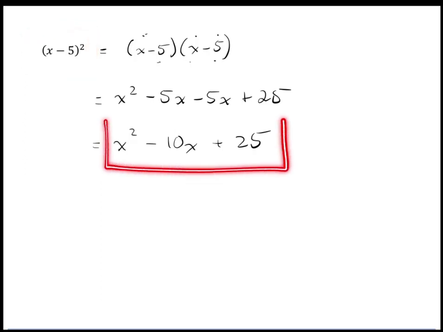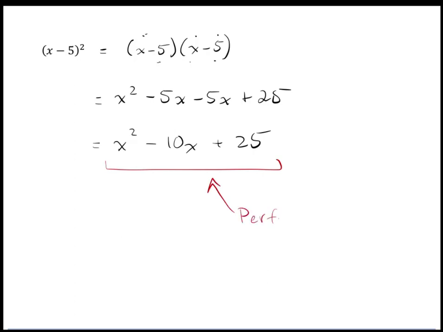In this format, we can't see it, but we still call it a perfect square. In this format, we often call this a perfect square trinomial. Perfect square because it can be written as something squared, and a trinomial because it has 3 terms.